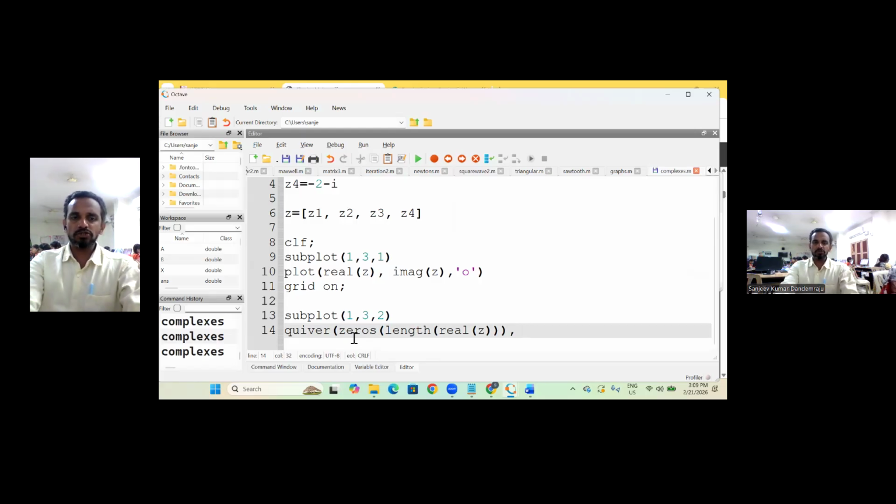Starting point for x coordinate, and starting point for y coordinate is zeros equal to length of imaginary part of z.